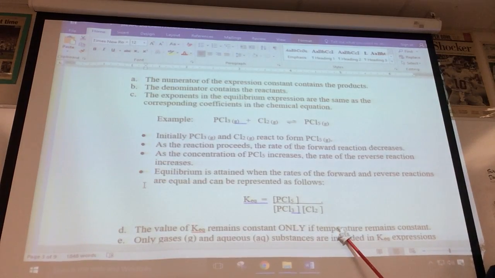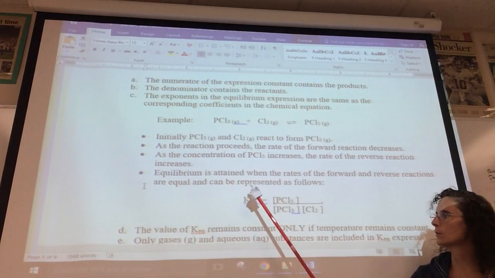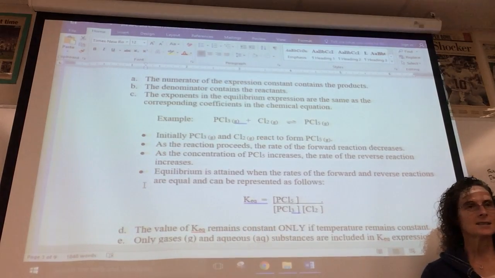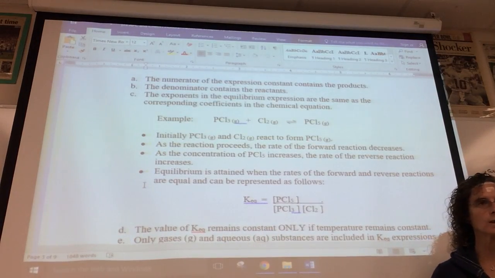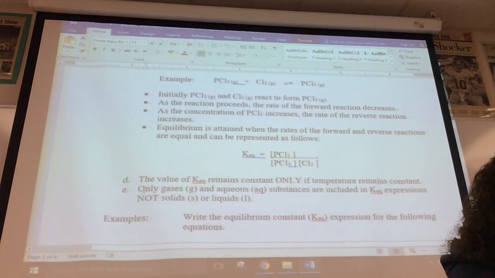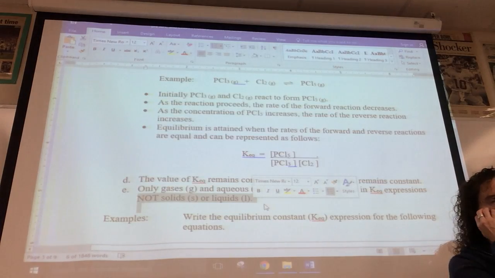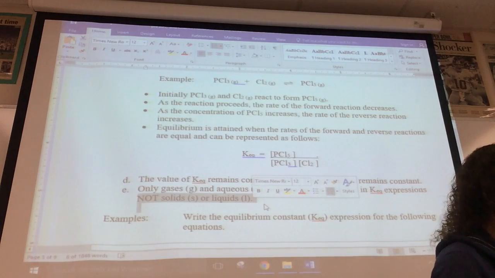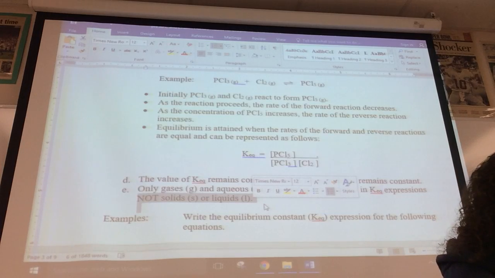If the temperature changes, the value of KEQ changes. Temperature is the only factor that can alter the value of KEQ. Only gases and aqueous substances are in KEQ expressions, not solids or liquids. Their concentrations don't change, so we don't include them.